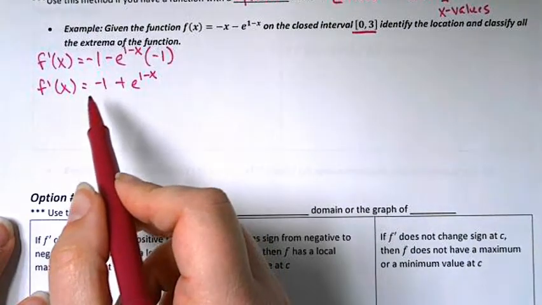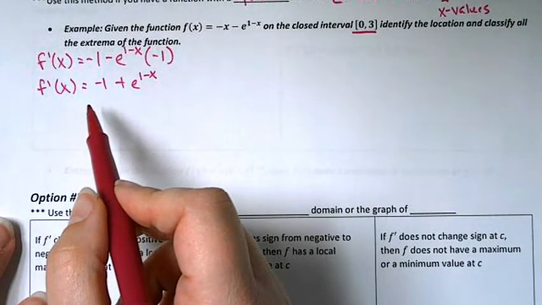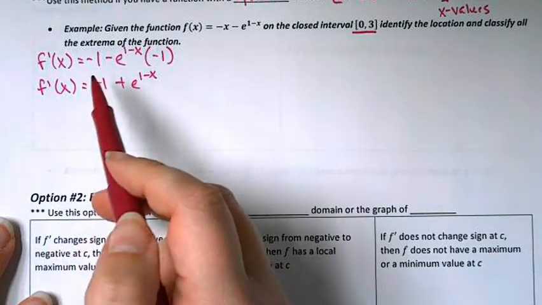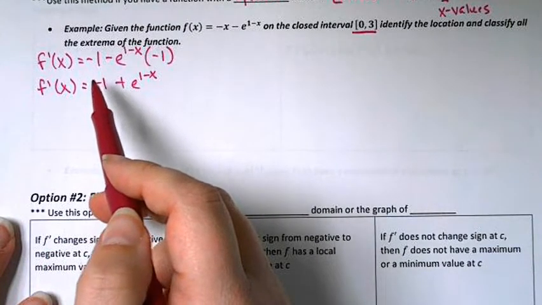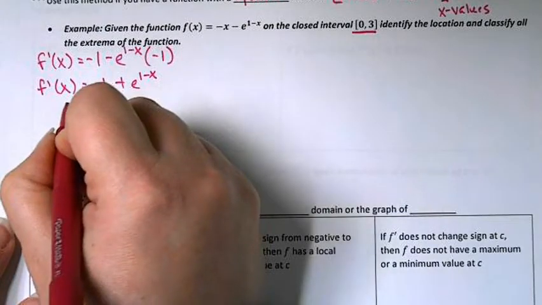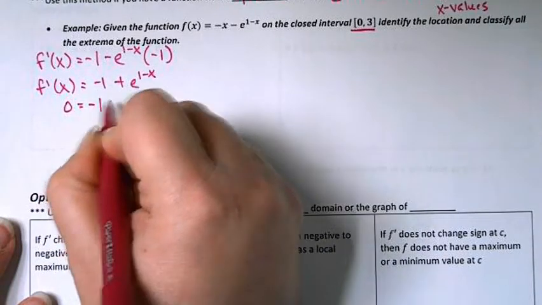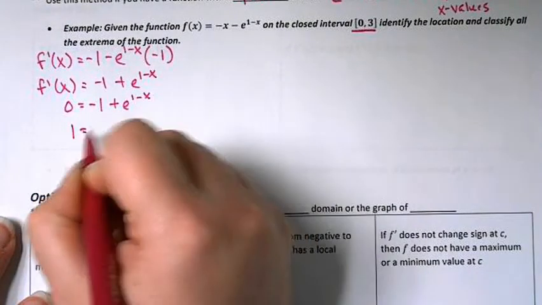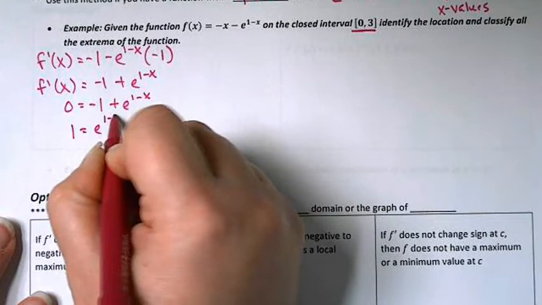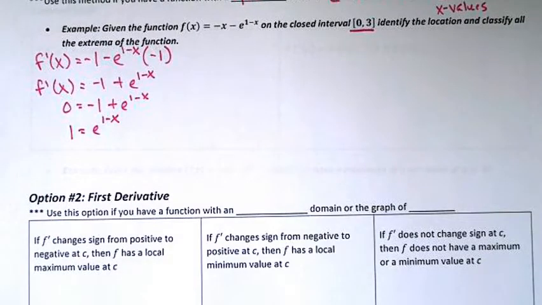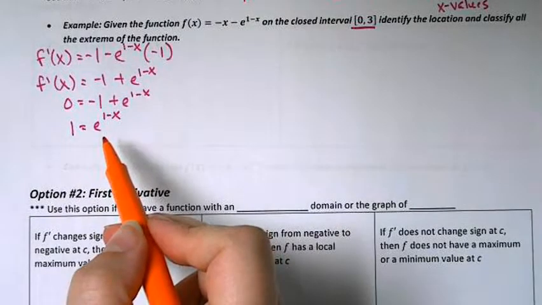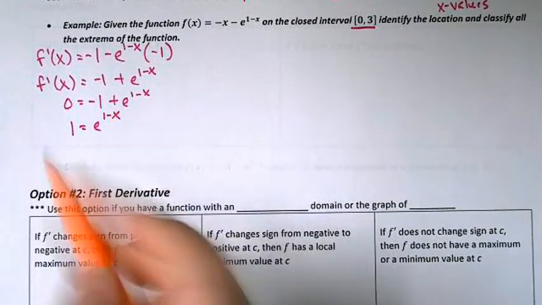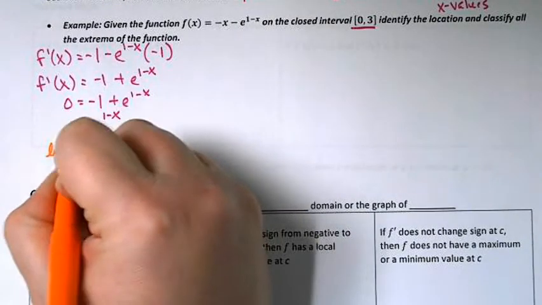Once we take the derivative, we need to actually find the critical values, right? That's what we said on the last page. Extreme values occur at the critical points. So we need to actually find those, which means setting the derivative equal to 0. And when we start to solve, we get that 1 equals e to the 1 minus x. Now, hopefully, this doesn't totally trip you up, but we do need to remember how to solve this. So in order to get rid of the e to the 1 minus x, we're going to need to take the natural log of both sides.